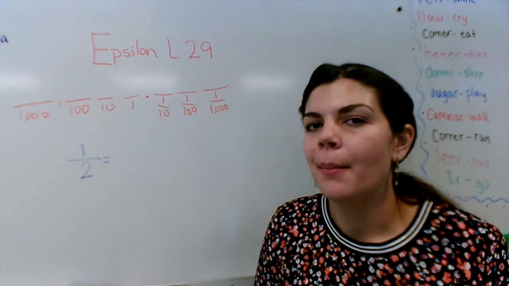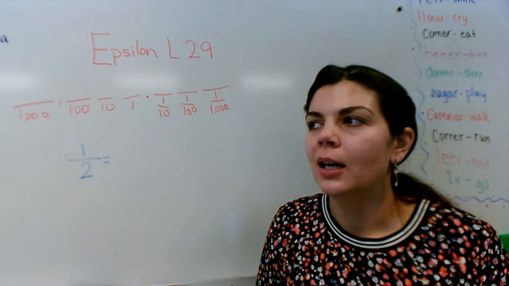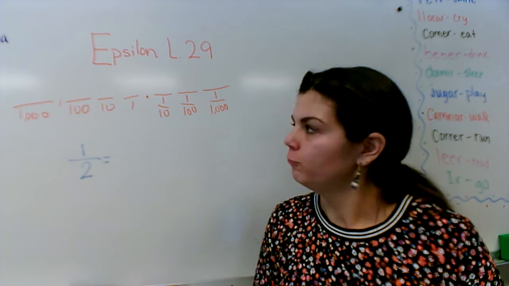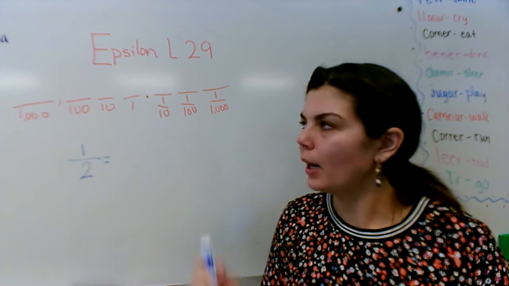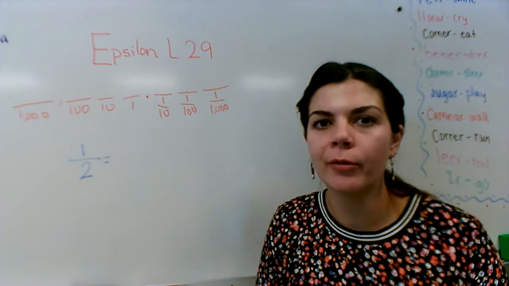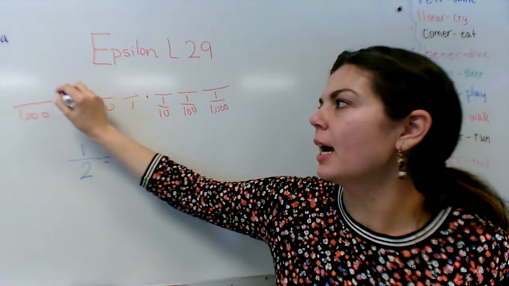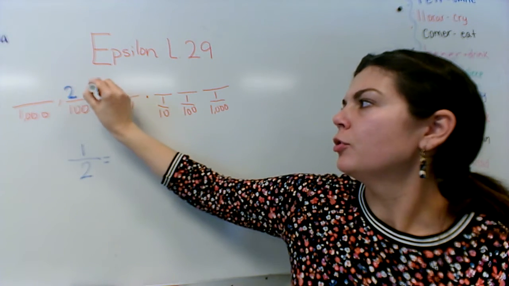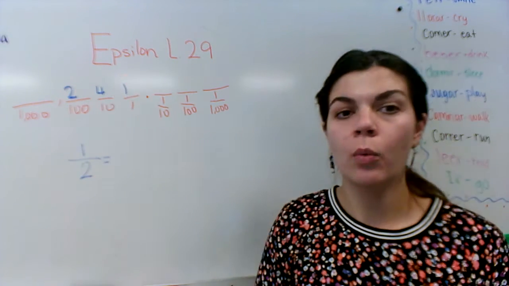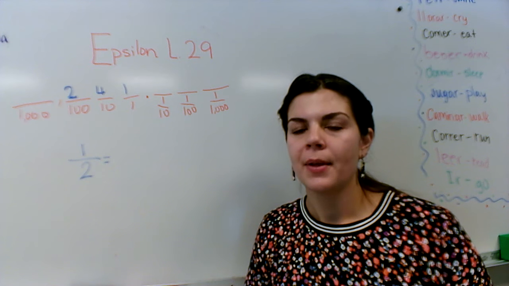What if I said the number 241? Where would I put that up here? Would I put 241 anywhere over here? No, I didn't say 241 in any kind of decimal or fraction. 241. All right?